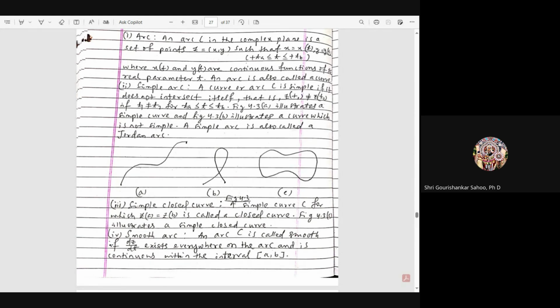So an arc is also called a curve. So A, B, C are different curves, and it can be said as an arc, ARC.